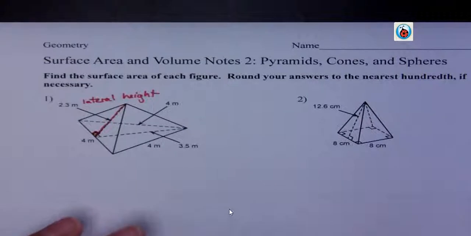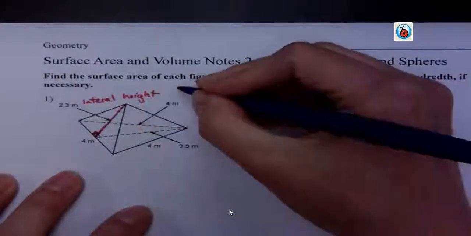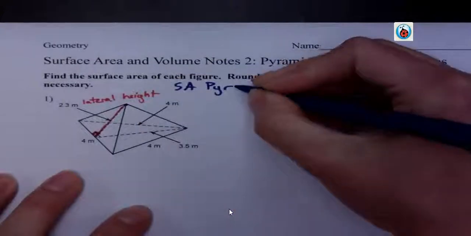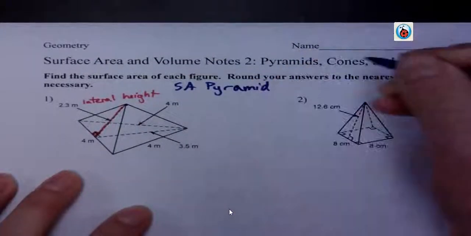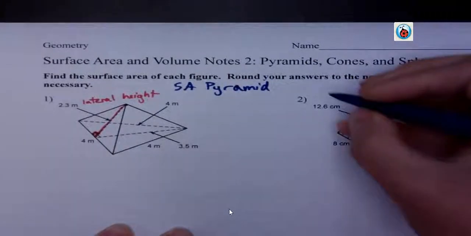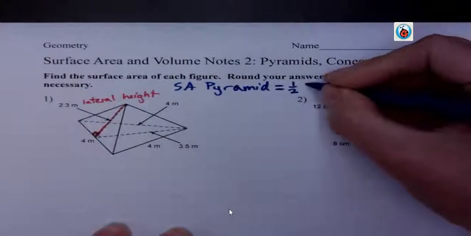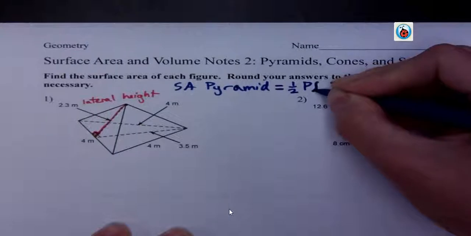Okay, so to make this simple, we're going to go ahead and write out our formulas. So for any pyramid, which means it's coming up to a point here, the formula is simply 1/2 of the perimeter times that lateral height.